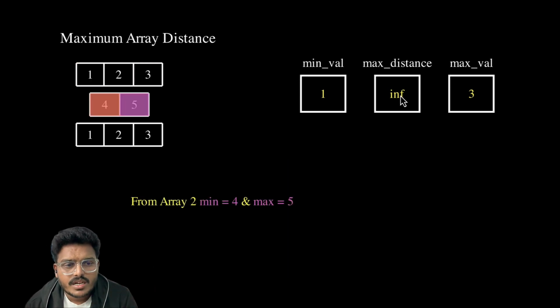Then from the second array, the minimum is 4 and the maximum is 5. We can calculate the difference between the current minimum and the max value till now, and the difference between the current maximum and the minimum value till now.